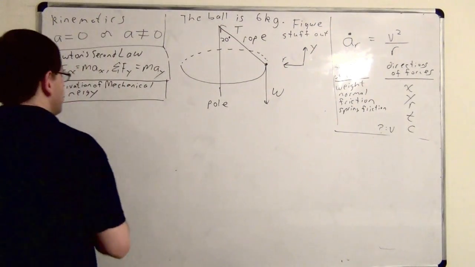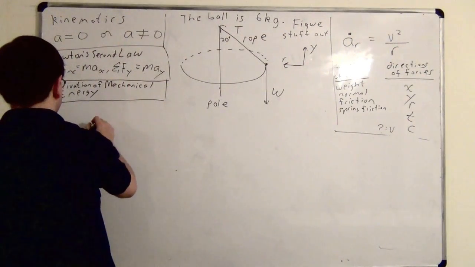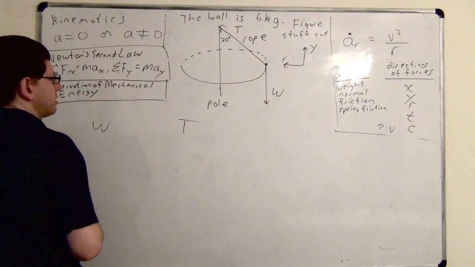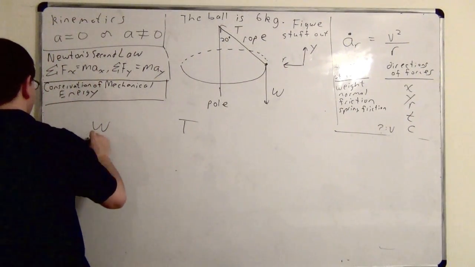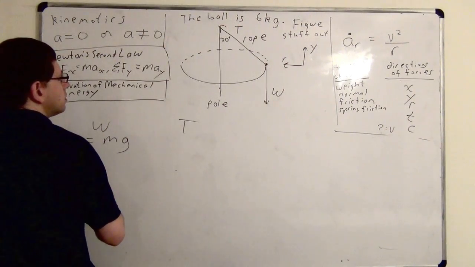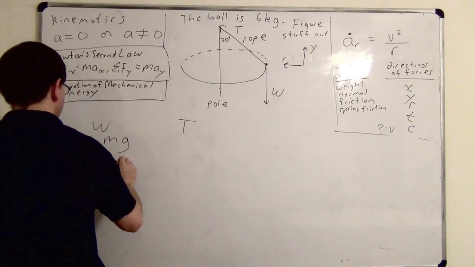Okay, good. So we need to make our force table. So what can we write down about the weight? W is mg, W equals 6 times 9.8, which is 58.8.